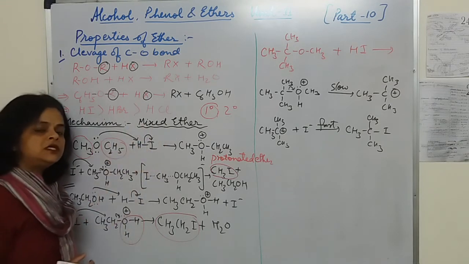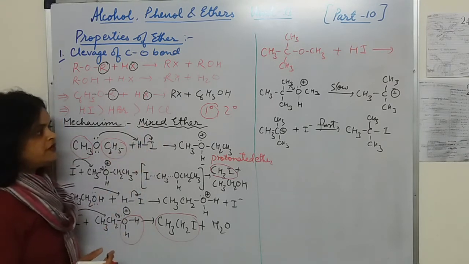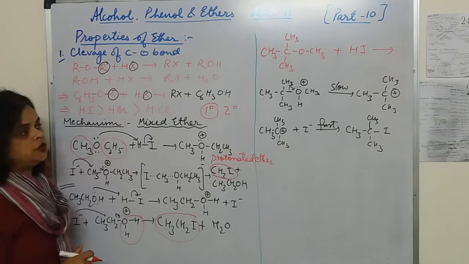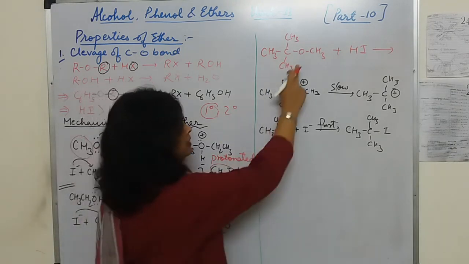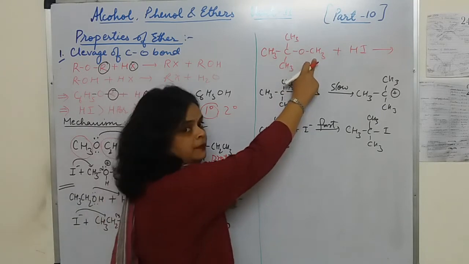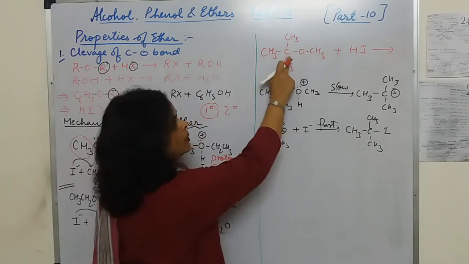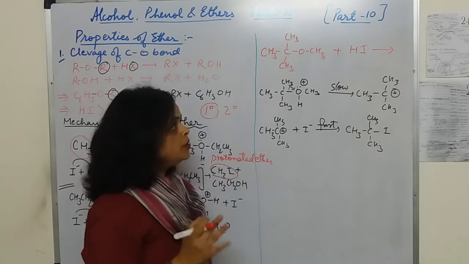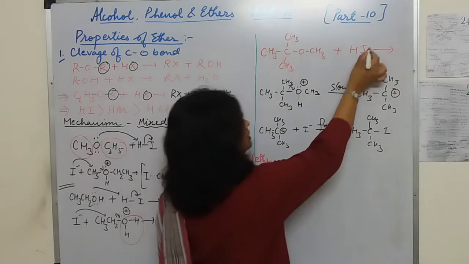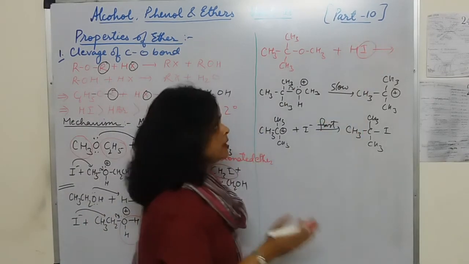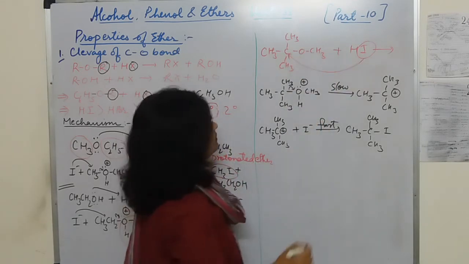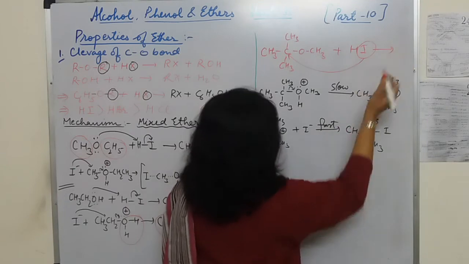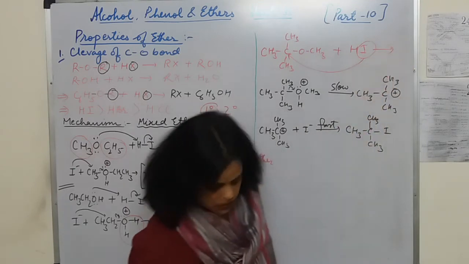But a very interesting case over here, students: suppose this type of ether is there, where on one side of the oxygen we have a primary alkyl part and on the other side a tertiary one. Now the iodide, I minus, will attack on the tertiary part and we will get the structure here.